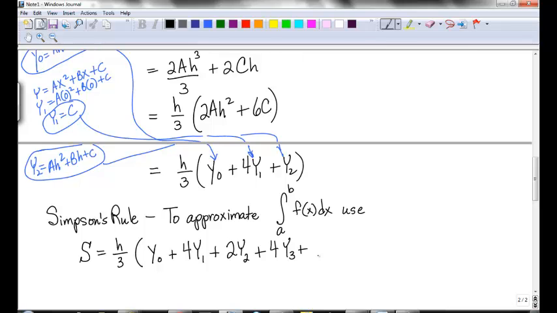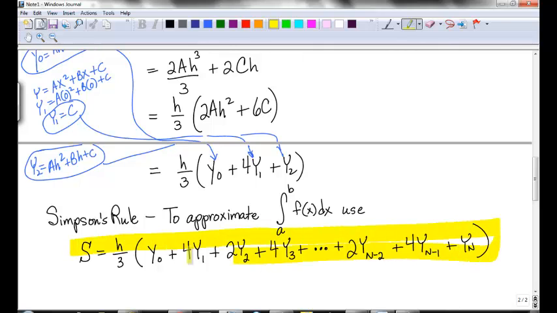And then put a dot, dot, dot to show you left out terms, plus 2 y sub n minus 2 plus 4 y sub n minus 1 plus y sub n. That whole thing is the formula for Simpson's.